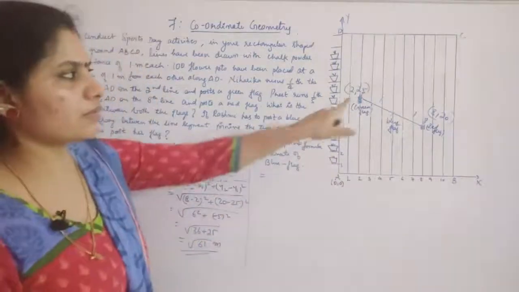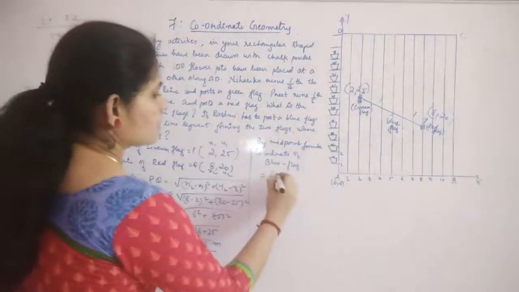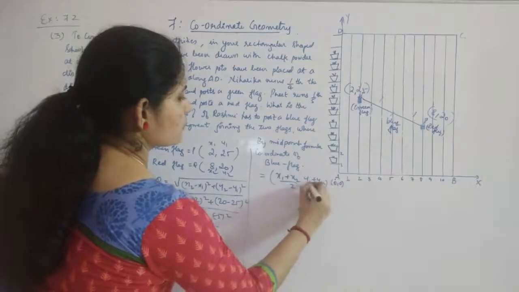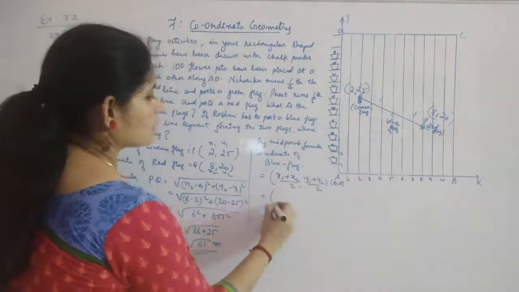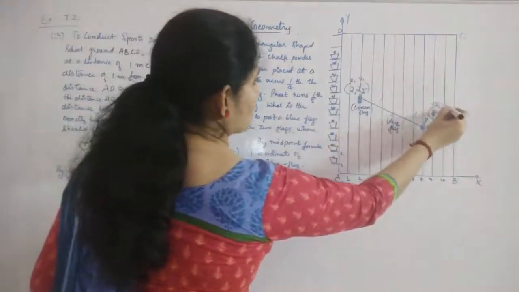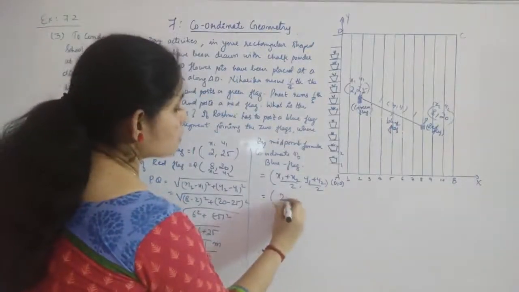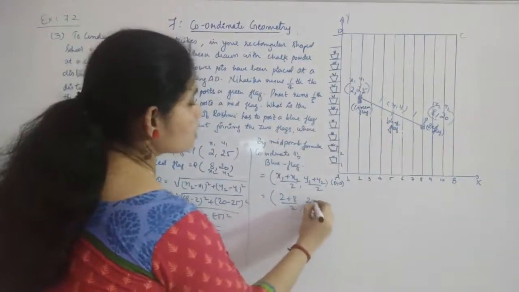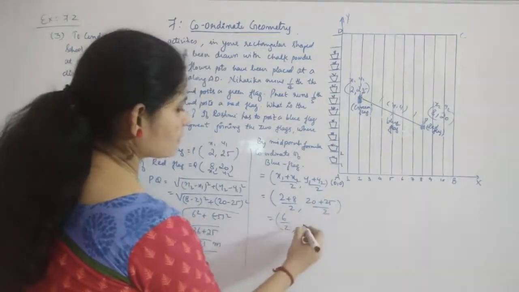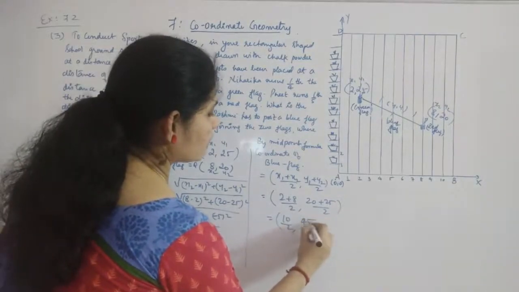In section formula, if you are replacing your m1 and m2 with 1 and 1, then also you will get that same thing. Okay, so you will get (x1 plus x2) by 2 comma (y1 plus y2) by 2. Here x1, y1, x2, y2, suppose it is x, y, you will get (2 plus 8) by 2 comma (20 plus 25) by 2, which is 10 by 2 comma 45 by 2.